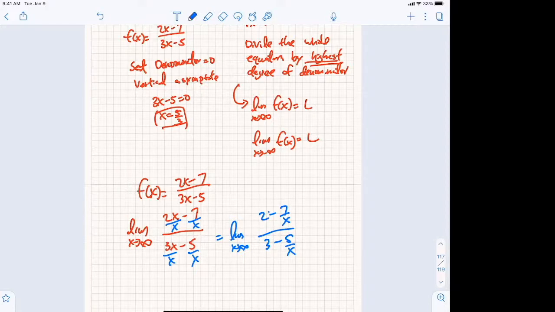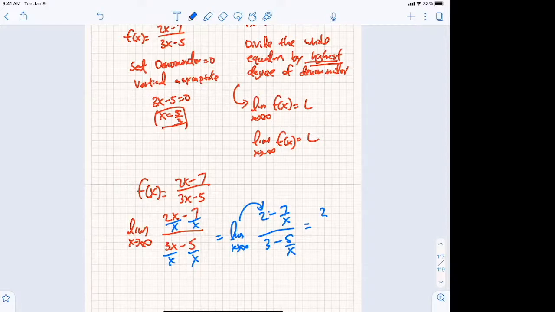But according to what we just learned about infinite limits, what happens when x approaches infinity on 2? It is 2, just like what Tyson says. It's a straight line. It doesn't matter how tall this Apple Pencil is.